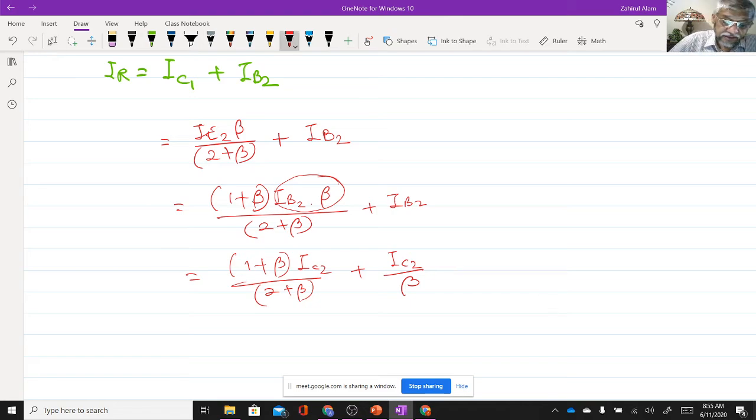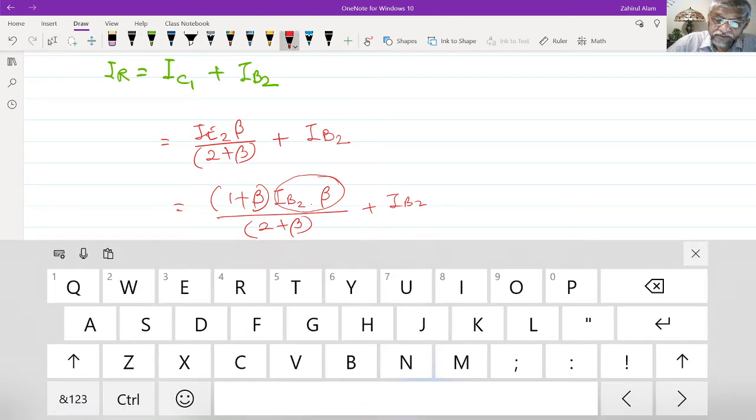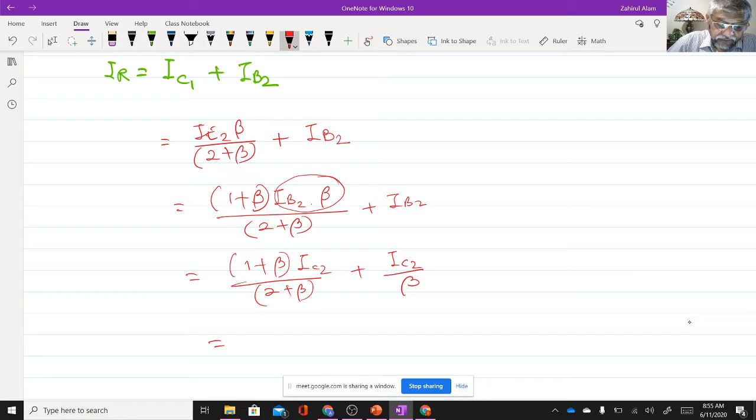So then we can find the output current IC2 divided by 1 over beta plus 1 over beta, 2 plus beta.